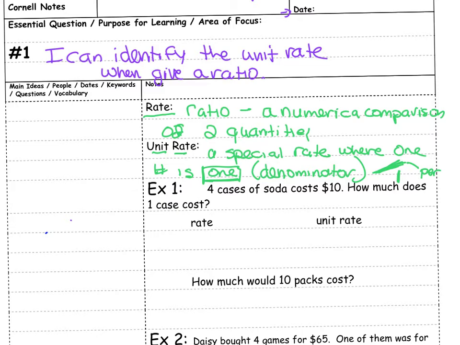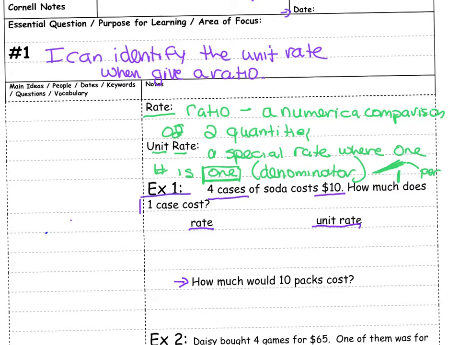All right, so the first example, we're going to be naming the rate and the unit rate and answering a question about it. So the rate is given right in the problem. 4 cases for $10. 4 cases cost $10.